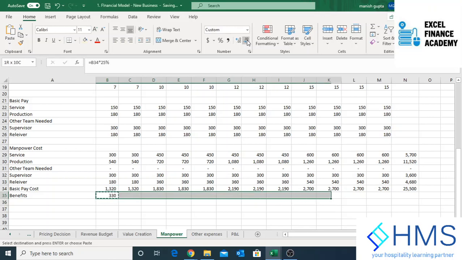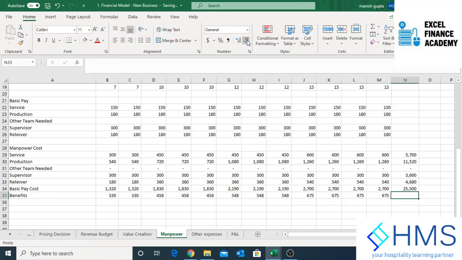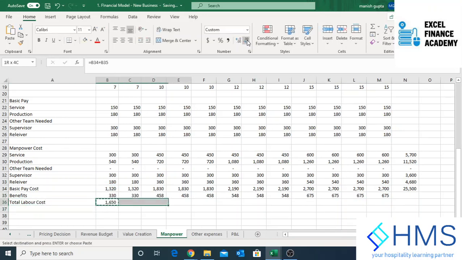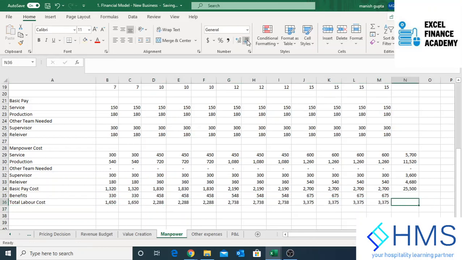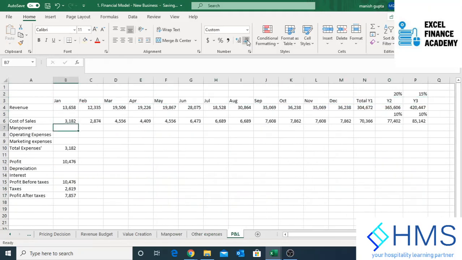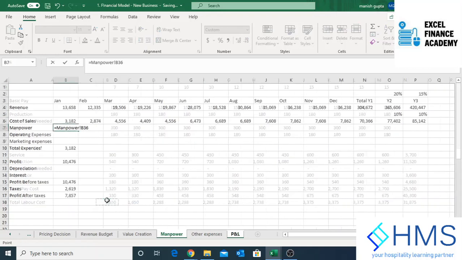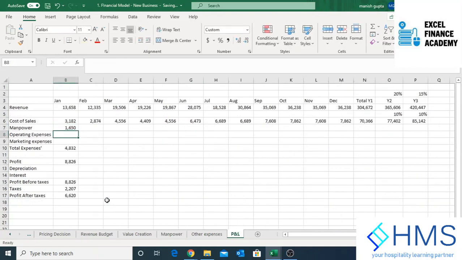So let's say we use 25%, and then the total manpower, total labor cost. So that becomes total labor cost plus this. So this becomes your total labor cost, right? Now we can figure out the total manpower cost.